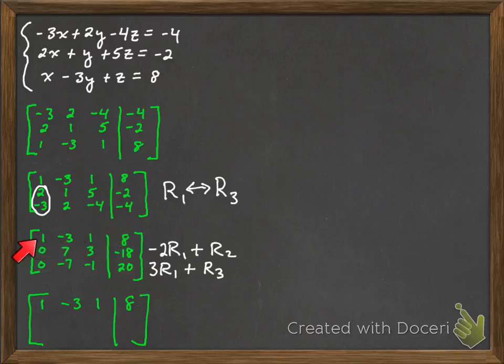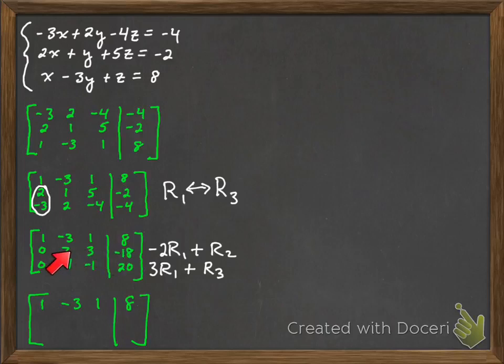We don't have to mess with that anymore. So we have a 1 here and we have zeros underneath it. The next goal is to get a 1 in this middle place right here. And we can get a 1 right here by dividing everything in this row by 7.